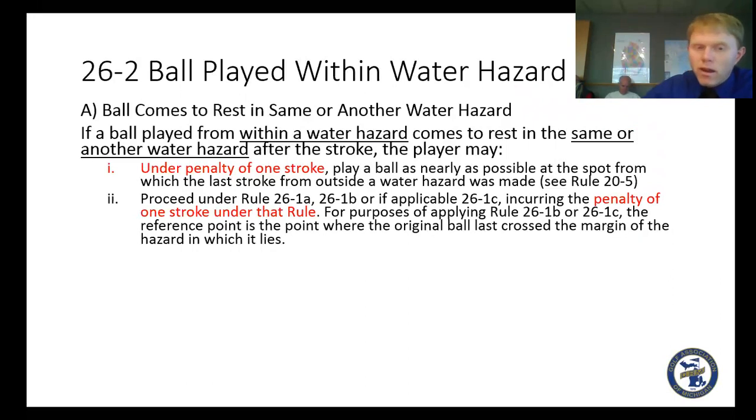Additionally, under a penalty of 1 stroke, they could also go back to where they last played from inside the hazard, or they could take their relief options under 26-1B, which is that line back with the flag and the point where they last crossed the margin of the water hazard as far back as they want. Or if it is a lateral water hazard, they can take the 2 club lengths either from where they last crossed or on the opposite margin equidistant from the hole. So in all these situations, it's just a 1 stroke penalty.